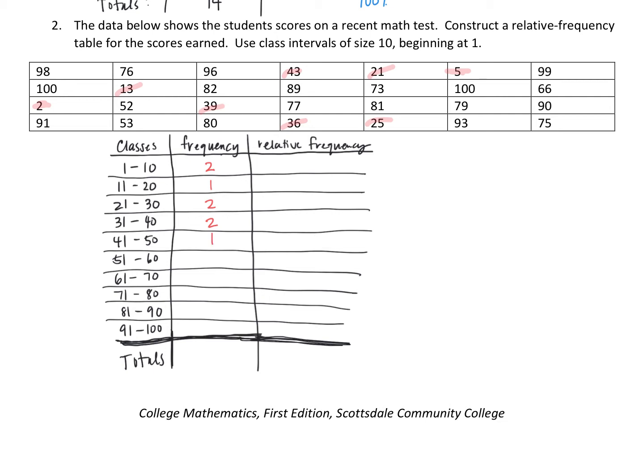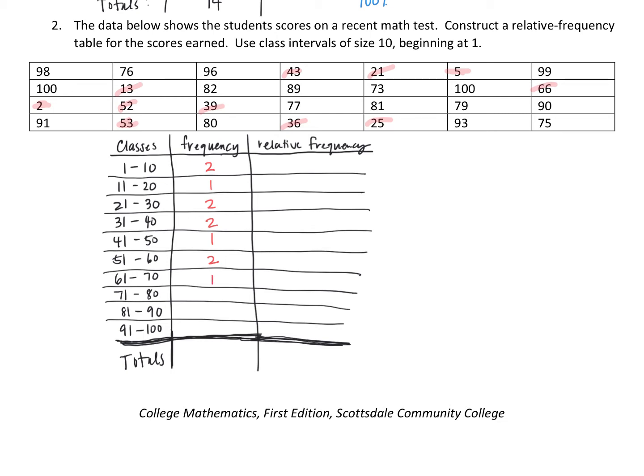All right, next I'm looking for scores between 51 and 60. There's 1, 2. So I saw 2. Okay, now I'm looking for 61 to 70. 1. I only see 1 in that range as well.